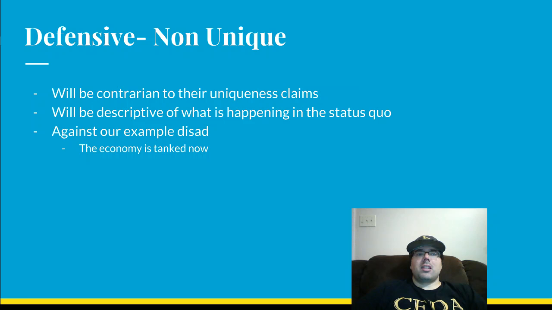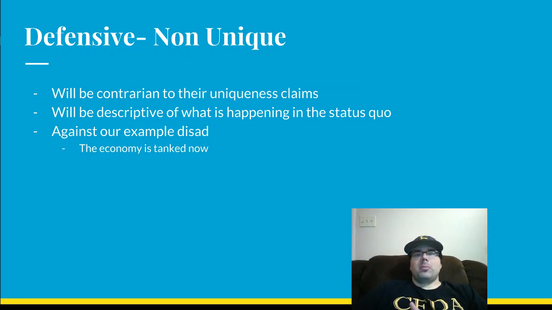So in our example, you would say that the economy is tanked now. Because remember, the uniqueness for the disadvantage example that we were working with was the U.S. economy is doing well now. Well, if you want to non-unique that, you would say the economy is not doing well now, and it is actually tanked and hurt for whatever reasons that are going on.